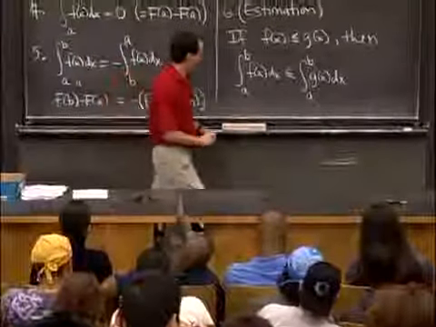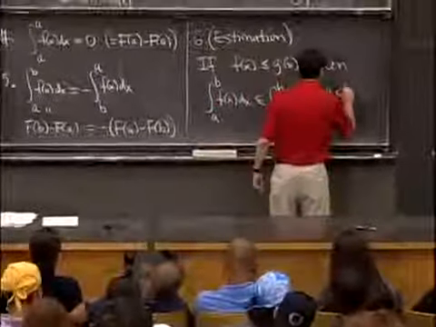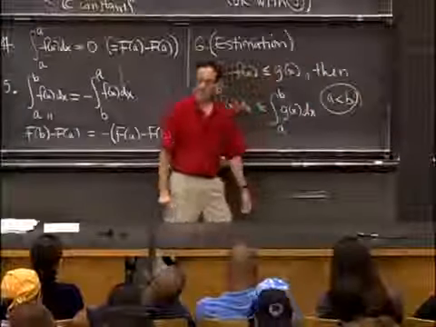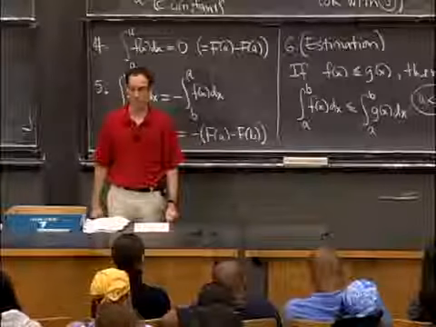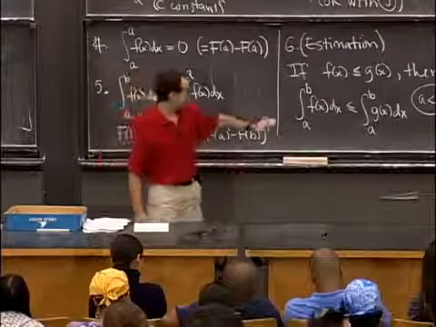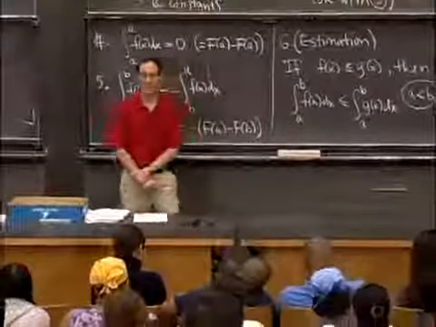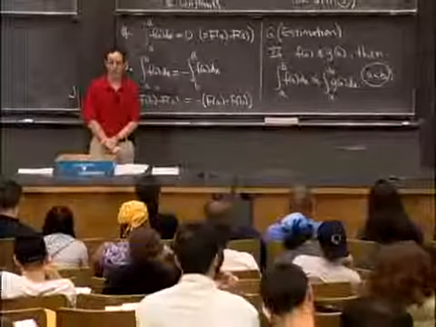For this one, you'd better have a is less than b. You need it because we flip the signs when we flip the order of a and b. So this one, it's essential that the lower limit be smaller than the upper limit.